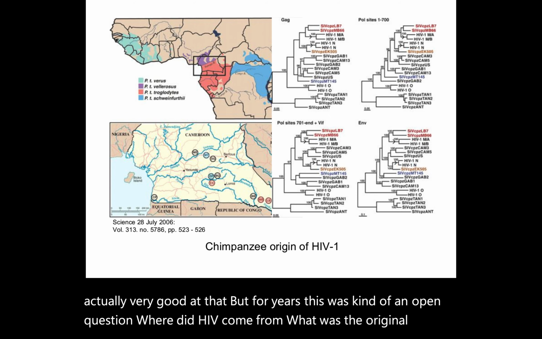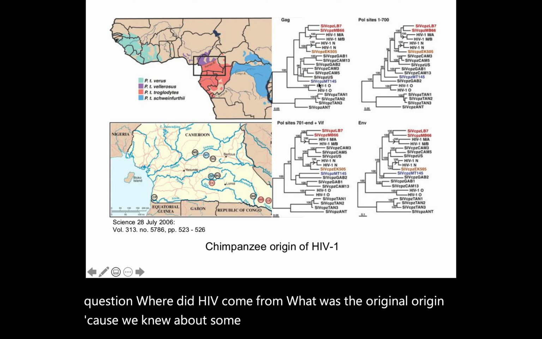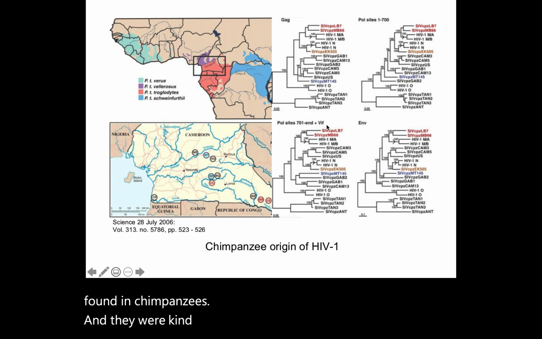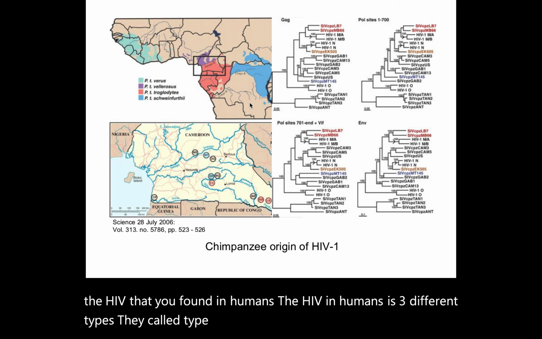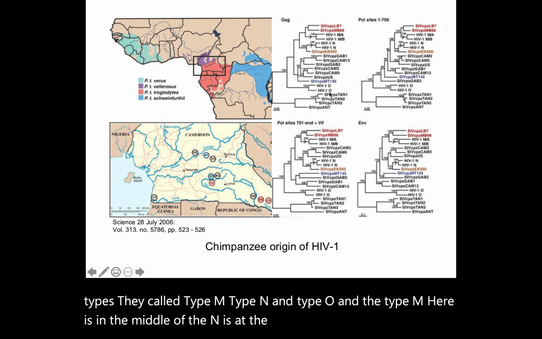Because we knew about some distant viruses, and these were found in chimpanzees, and they were kind of HIV-like, but they weren't really the same as the HIV that you found in humans. The HIV in humans is 3 different types. They're called type M, type N, and type O. And the type M here is in the middle, the N is at the top, and the O is at the bottom.